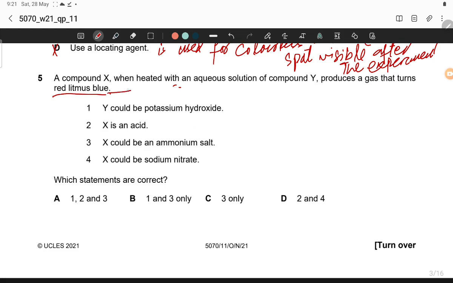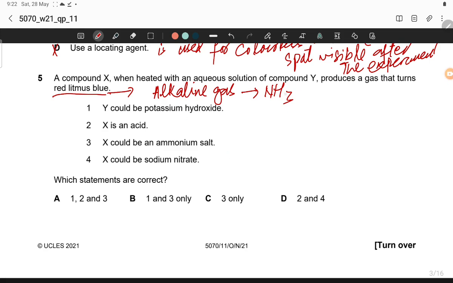So that gas will be ammonia gas, an alkaline gas, which turns damp red litmus paper blue. Y could be potassium hydroxide. X is an acid. X could be an ammonium salt, and X could be sodium nitrate.